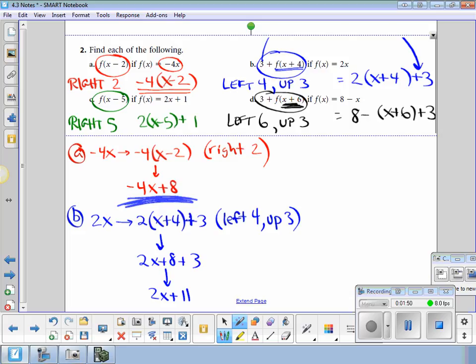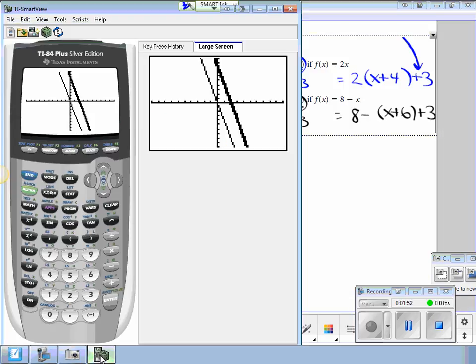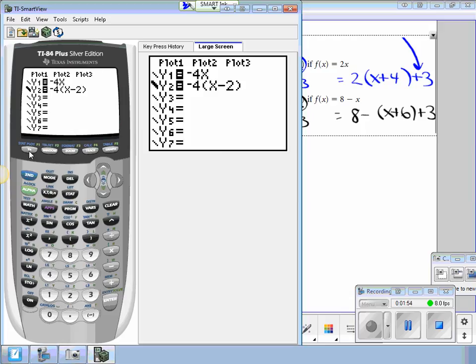Up 8. So let's test that theory out by going to y3 on the calculator and put in negative 4x plus 8. Now, if you just hit graph, you won't see anything because it's going to be covered up by the bold line.